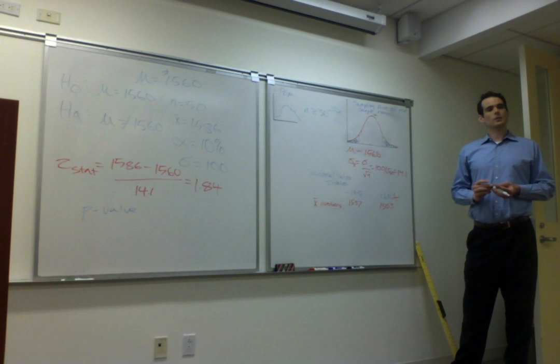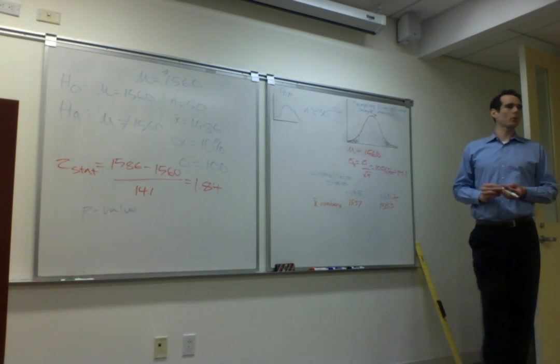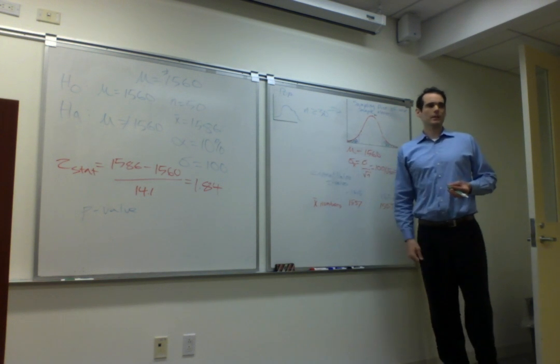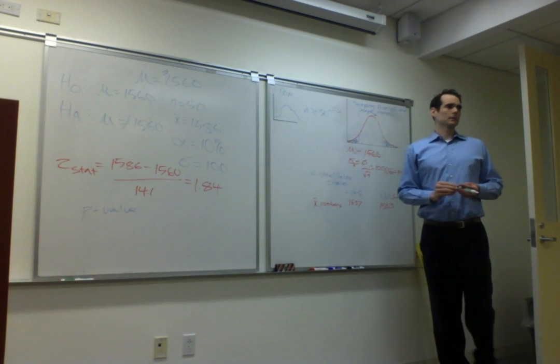So we're looking on the z-table for negative 1.84.